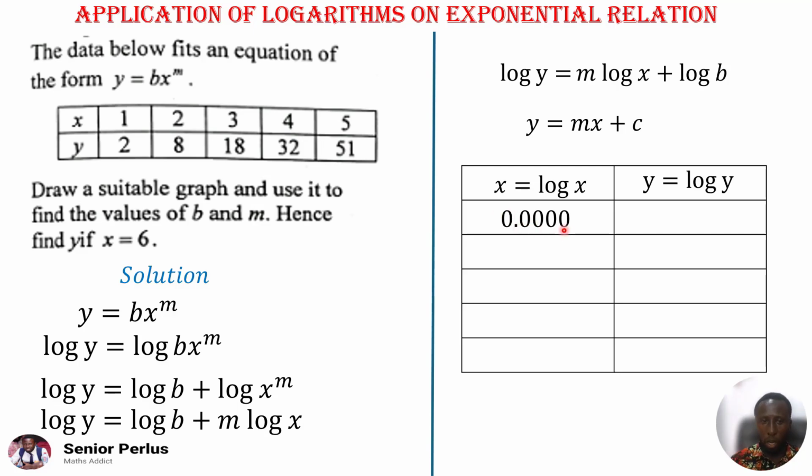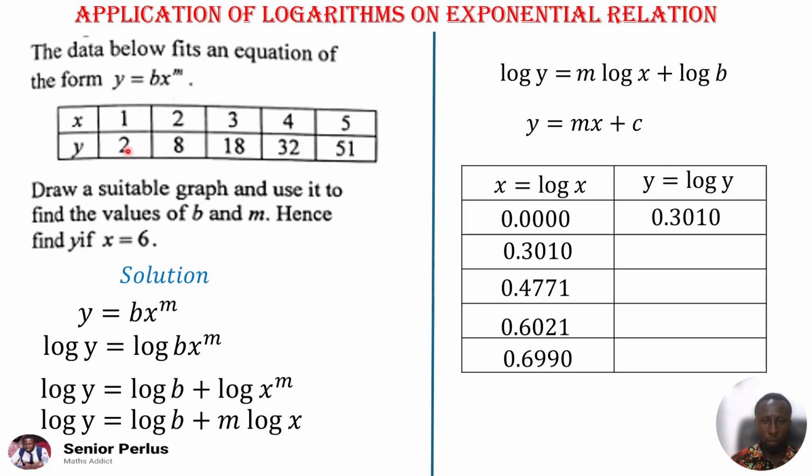Log 2, because s is 2 here, so log 2, good. Then move on to s is 3 here, so log 3 is what we get. S is 4 here, so log 4. Then s is 5 here, so log 5. Good. So let's move on to the y. The y is 2 here, so log 2.